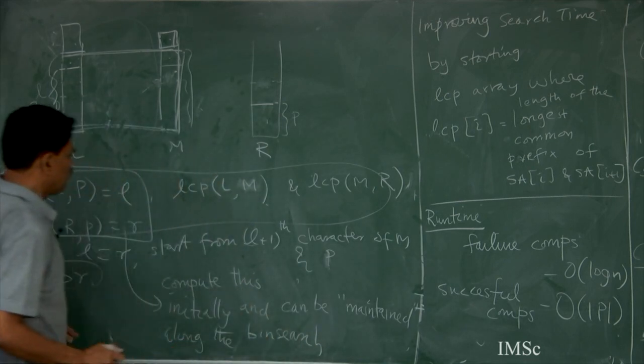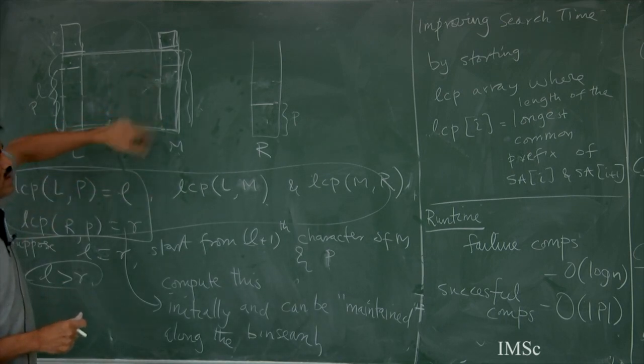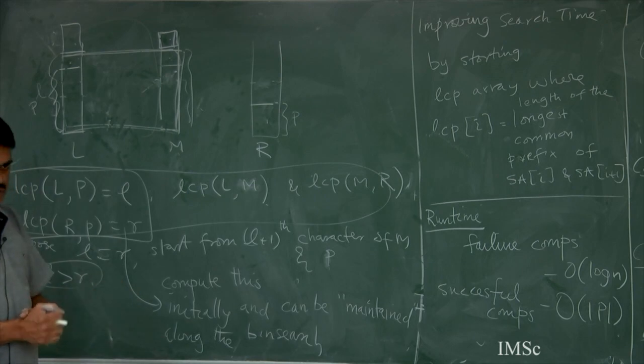This is how much the pattern matches with my left and the right. It is computed initially, and as I go, I know how much I have matched with my middle element, so I can compute it and maintain it.